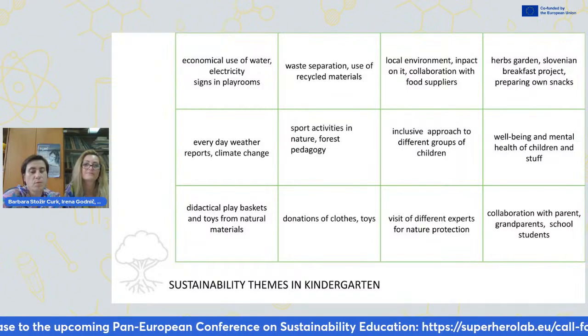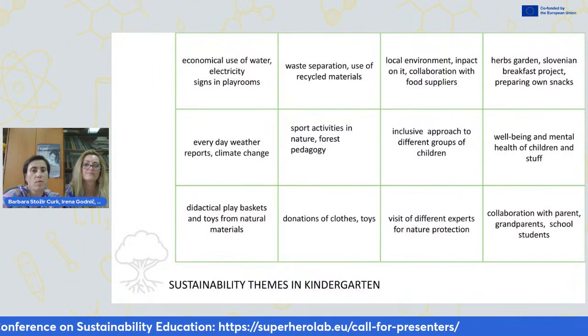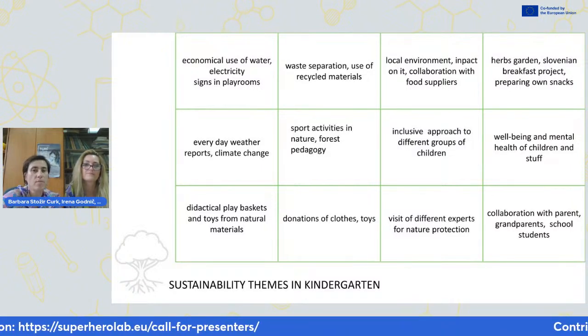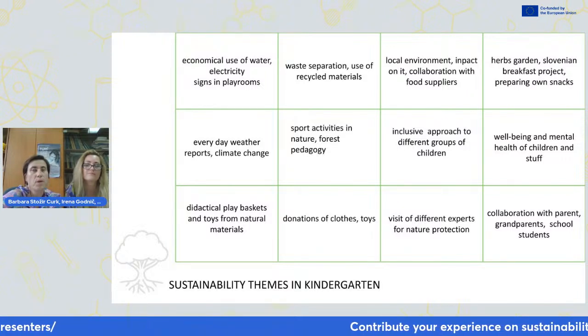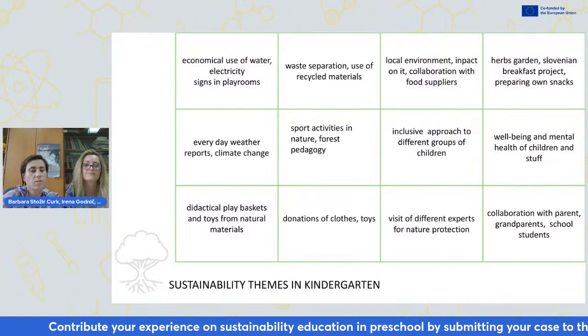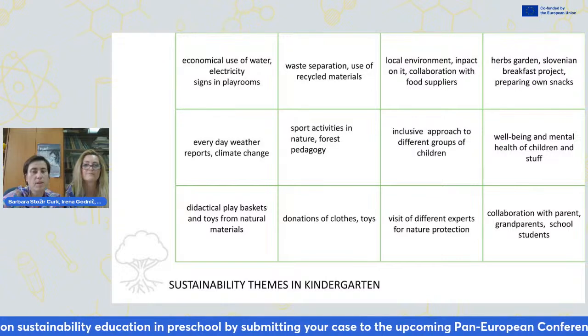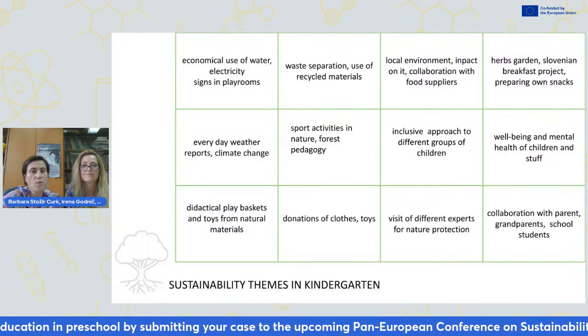We cooperate with the local environment, also with local food suppliers. We have our own herb garden. Every year on a special day we have Slovenian breakfast projects, so the children eat really local Slovenian food. They also prepare their own snacks.